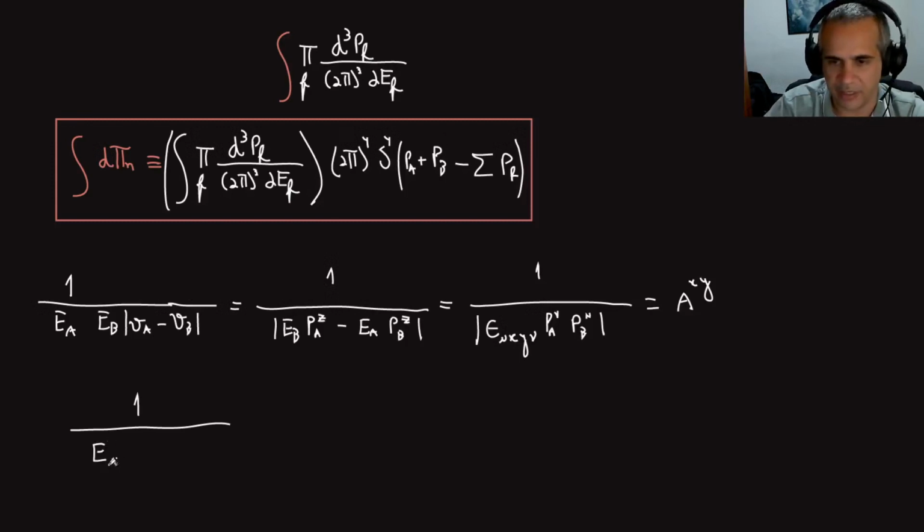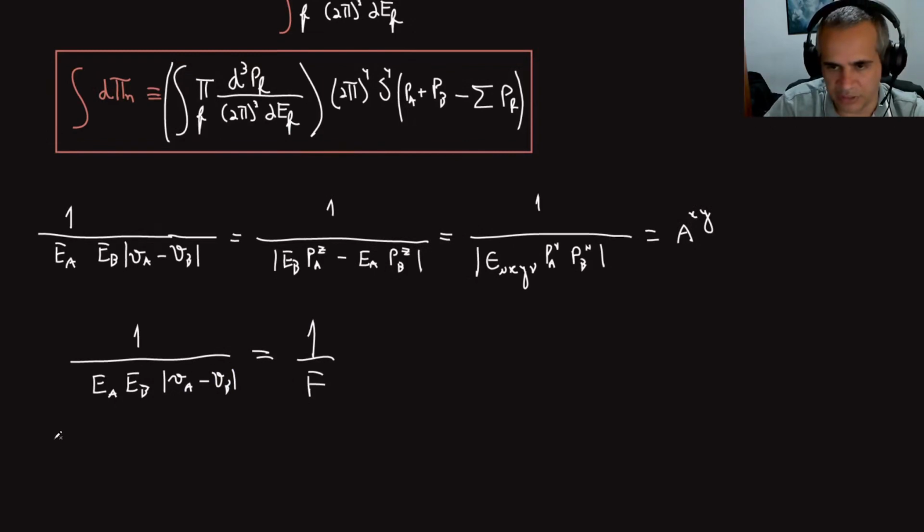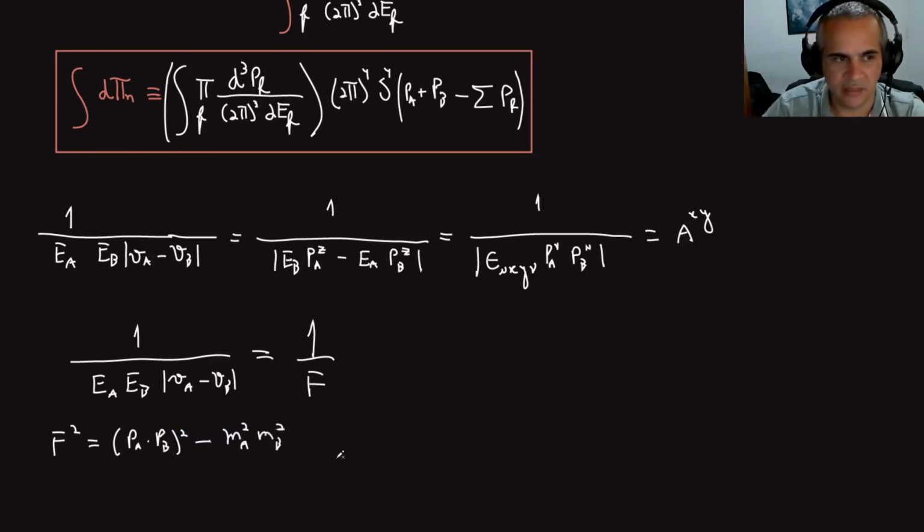So if you write E_A E_B |v_A - v_B|, and call this 1 over F, right? Then I can define an object which is F squared, which is just (P_A · P_B)² minus M_A² M_B². These are the rest masses, right?